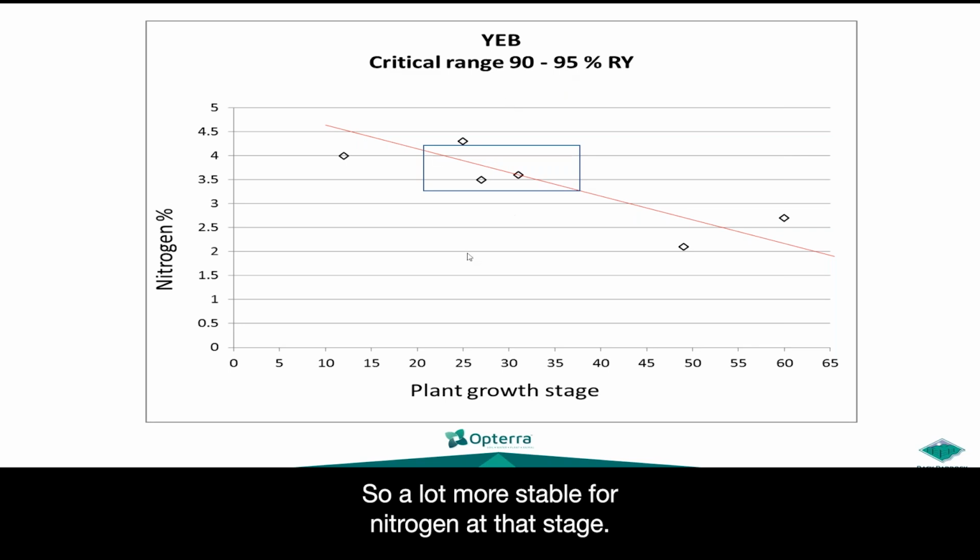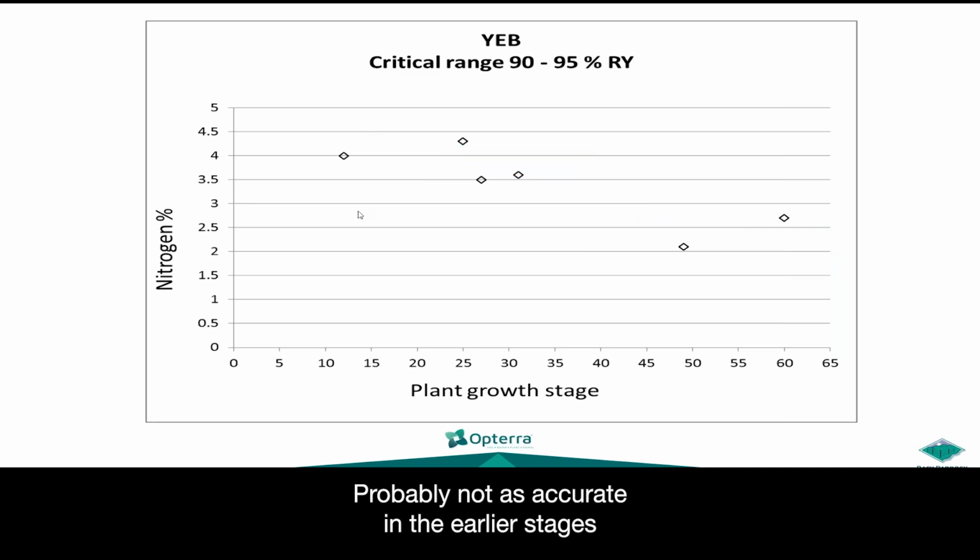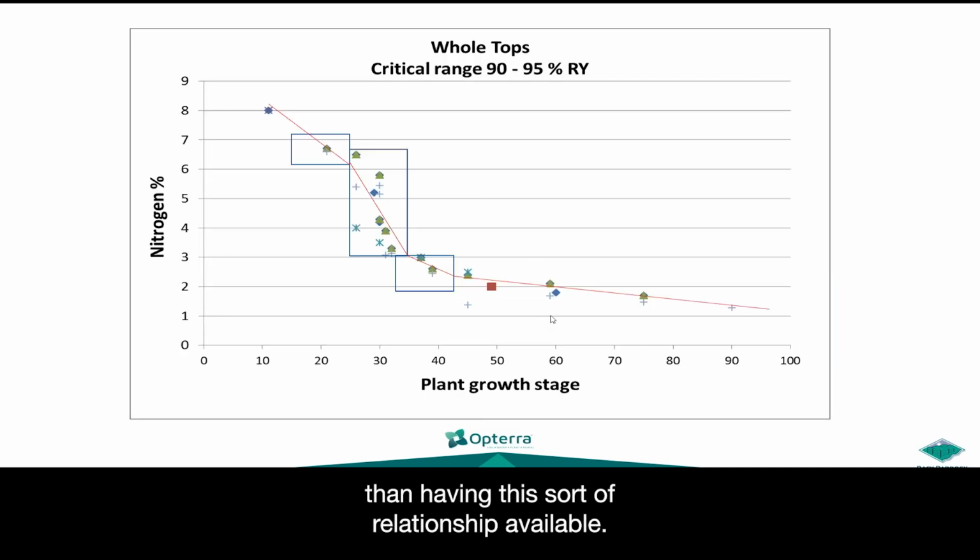So it's a lot more stable for nitrogen at that stage, probably not as accurate in the earlier stages as having this sort of relationship available. So just be careful, as I said, understanding the interpretation of data in relation to sampling is very, very important.